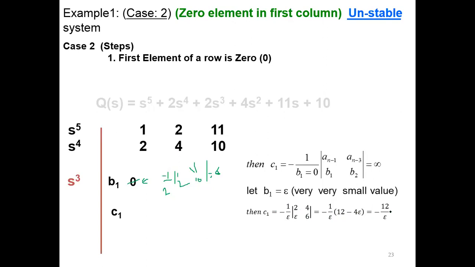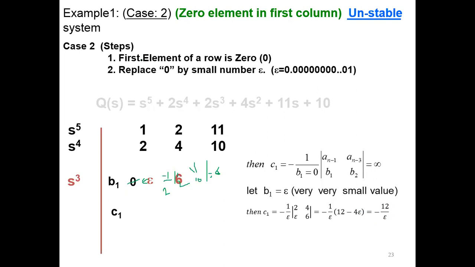Why have we not written this 4 epsilon? Only 4, because epsilon will be cancelled out. Because something over 0 or something over a very small value will give us a very large value as compared to the 4. So this 4 will be negligible. We write only this minus 12 over epsilon here.